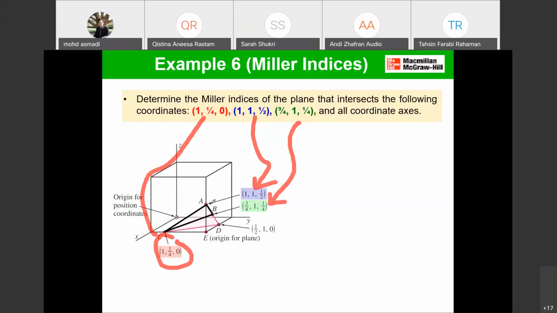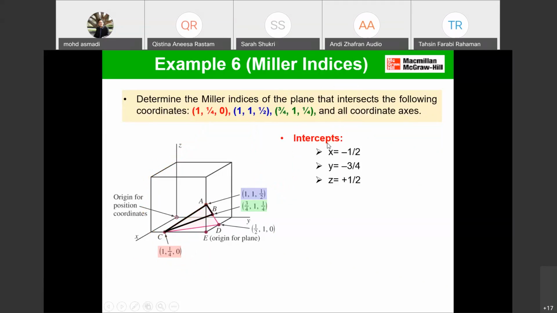So how to determine the Miller indices? If you look at here, x negative half, y negative 3/4, as well as z plus half.